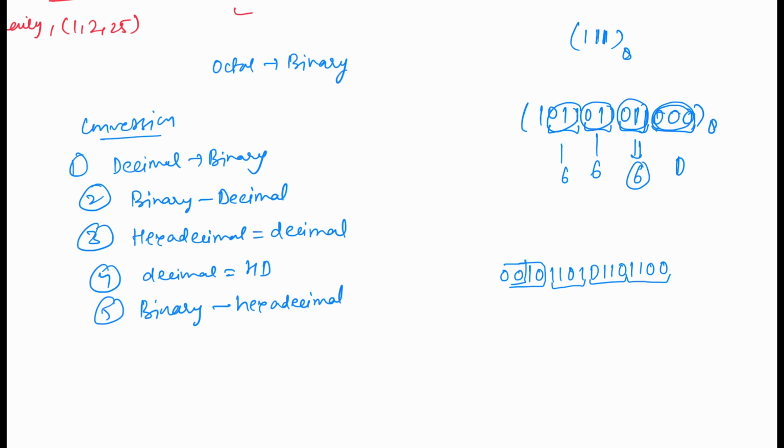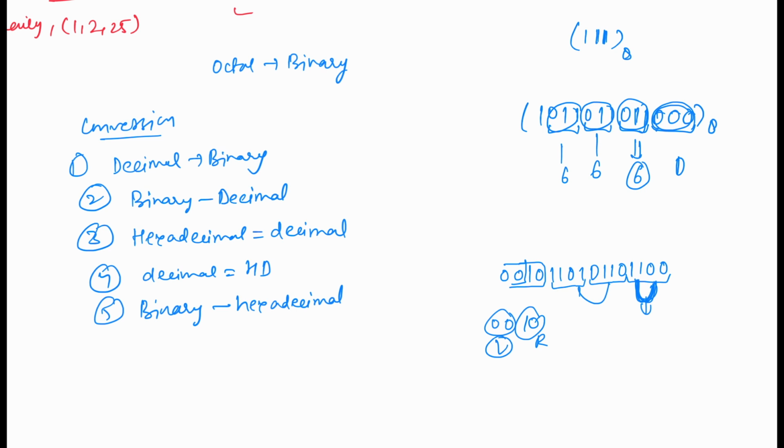So this is the group, this is your right side, this is your left side. You have to add 2 zeros on the left hand side, and then you will find the decimal equivalent of each group, and then you'll add it. So this is how you convert a binary to a hexadecimal number.